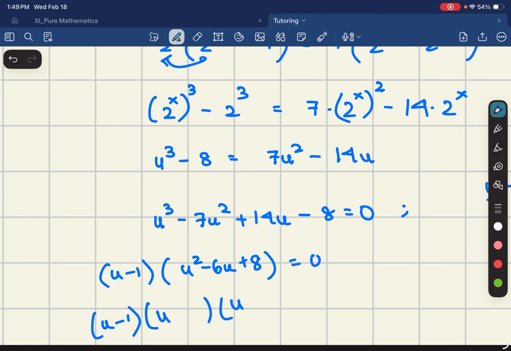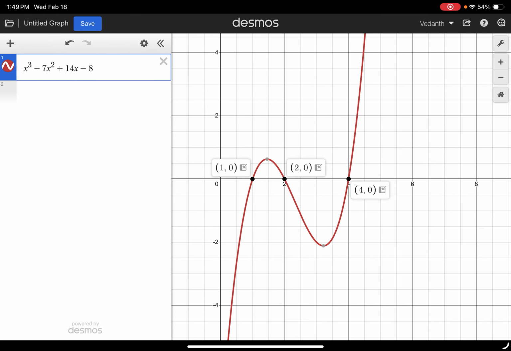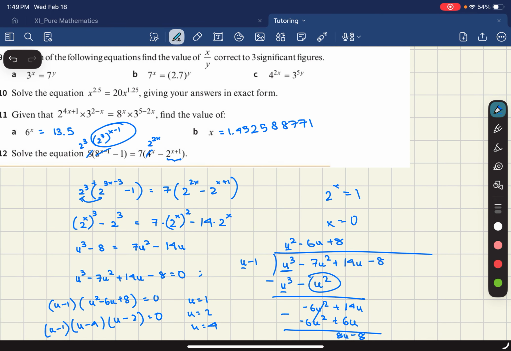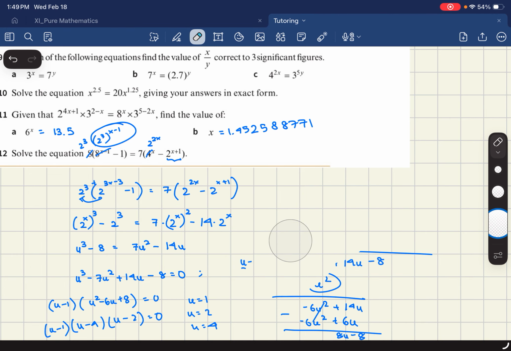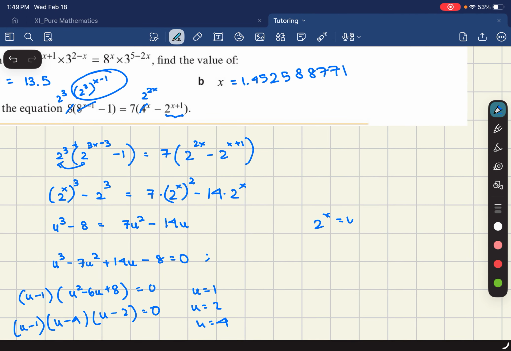And I think your factors are u minus 4 and u minus 2 equal to 0. So your solutions are u equals 1, 2, and 4, which is the same thing that we saw on the graph. And finally, we can say that 2 to the x was our u.